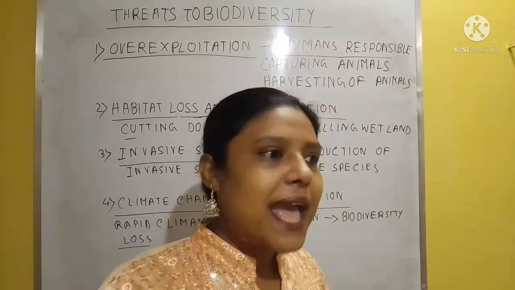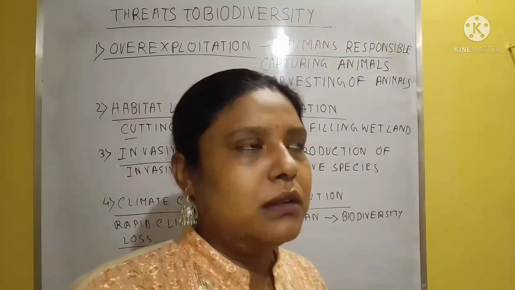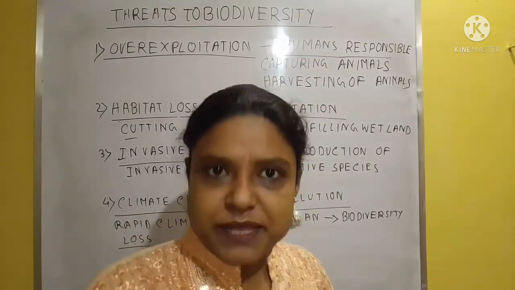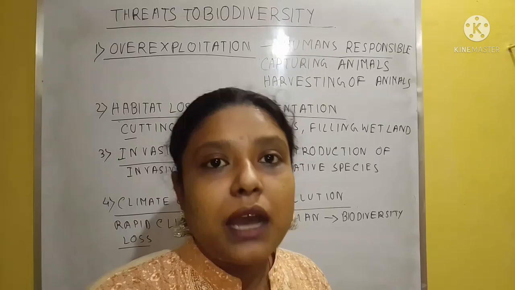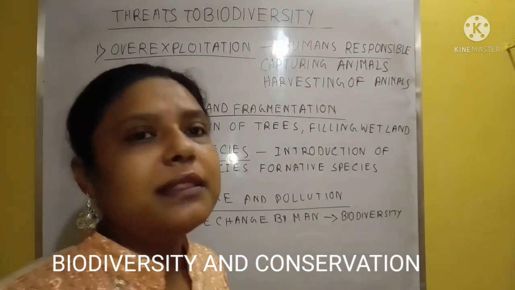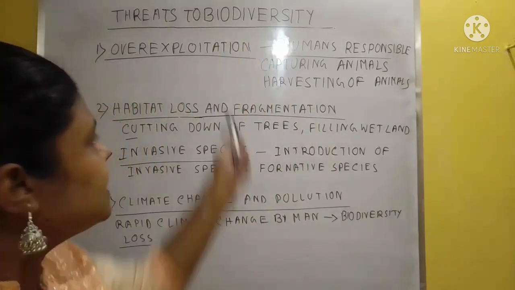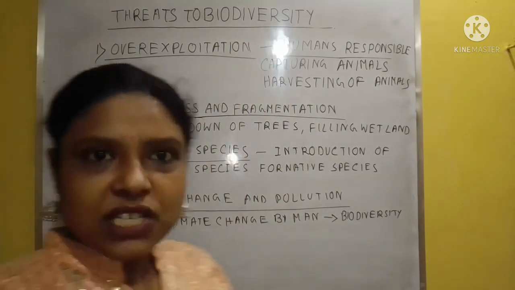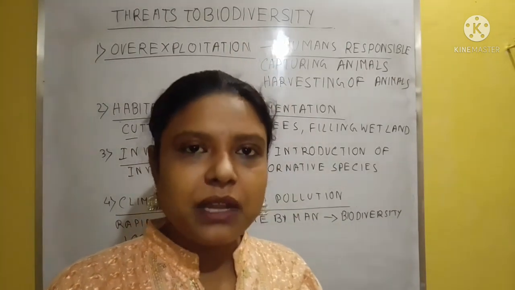They capture the animals and then sell them for different purposes, and they earn money. So this is over-exploitation, and here all these processes are human-driven. Nature is not responsible for the maximum, but humans are.